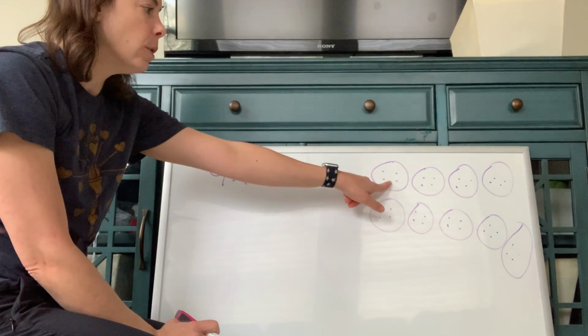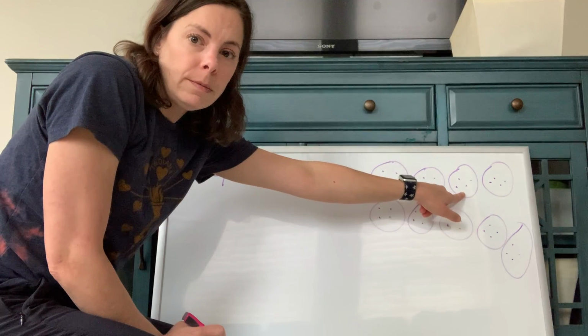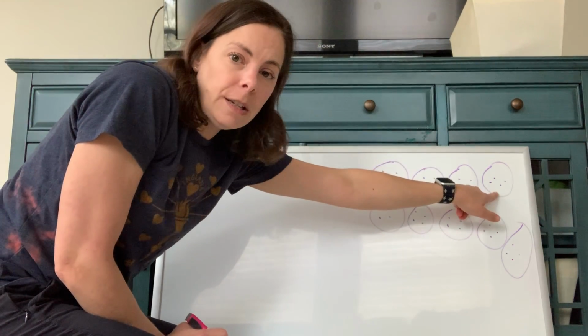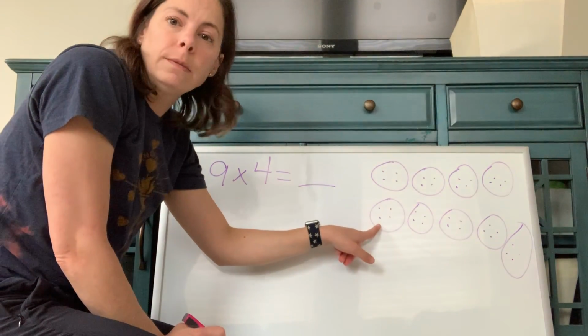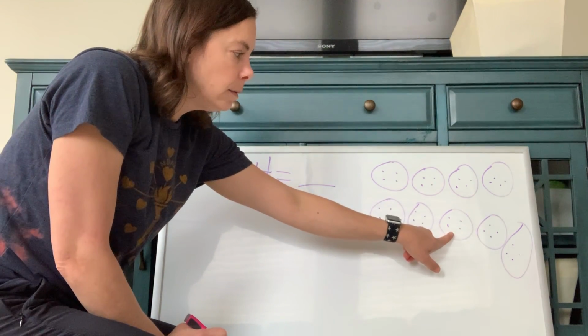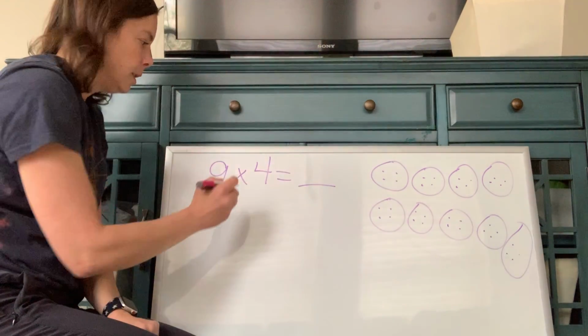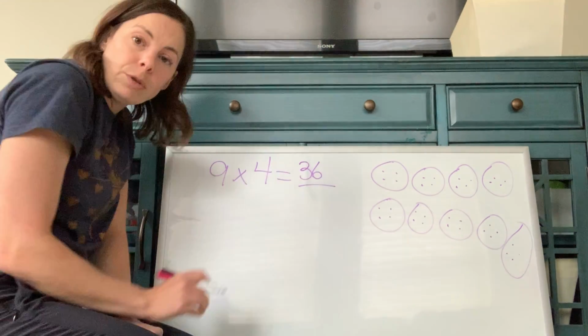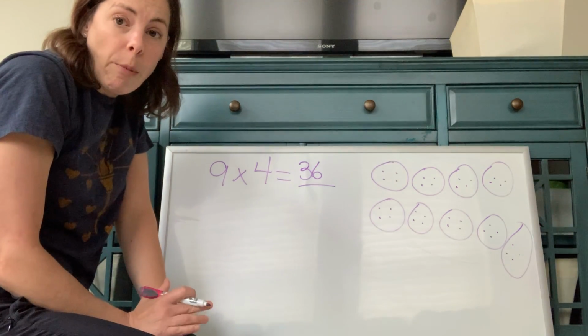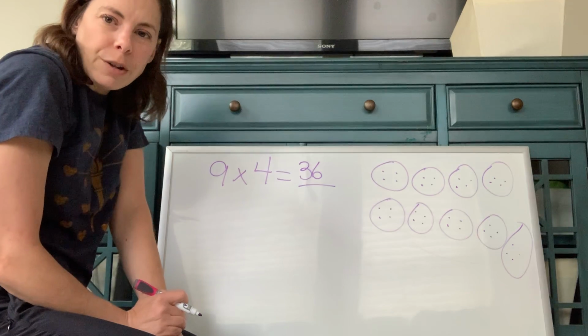Because you're going to go 4, 8, 12, 16, 20, 24, 28, 32, 36. Now, if you didn't have time to do that, go ahead and pause the video, count by 4s, make sure I'm right, that we're at 36, and then restart.